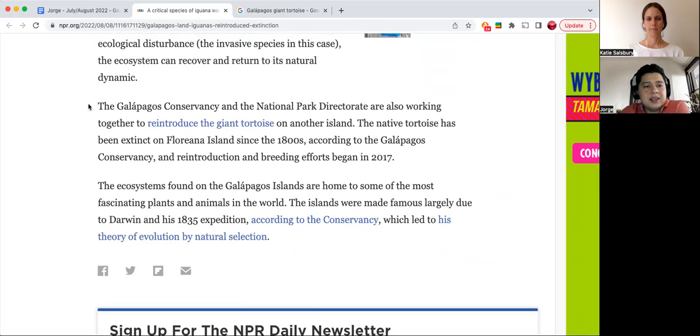The Galapagos Conservancy and the National Park Directorate are also working together to reintroduce the giant tortoise on another island.